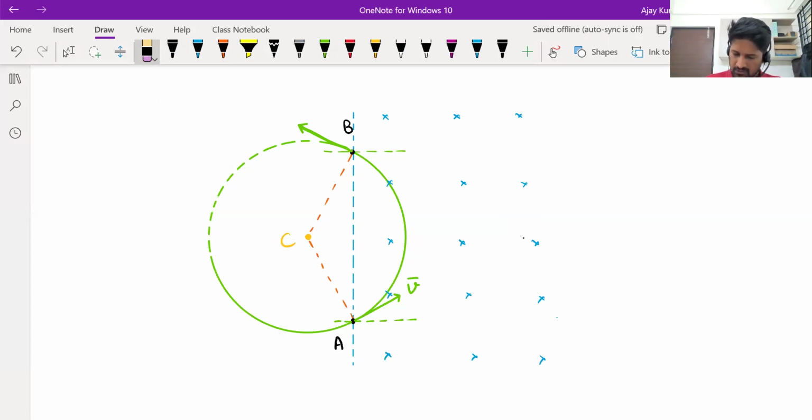So any idea how to get that angle at C? As I said, it's simple geometry.